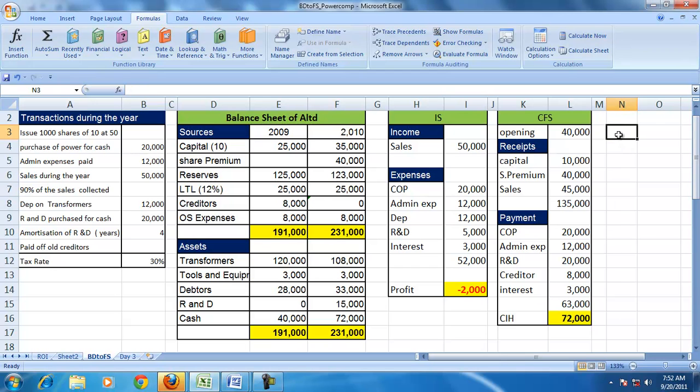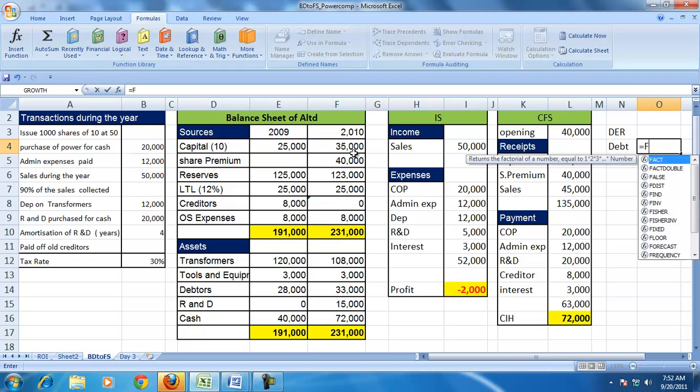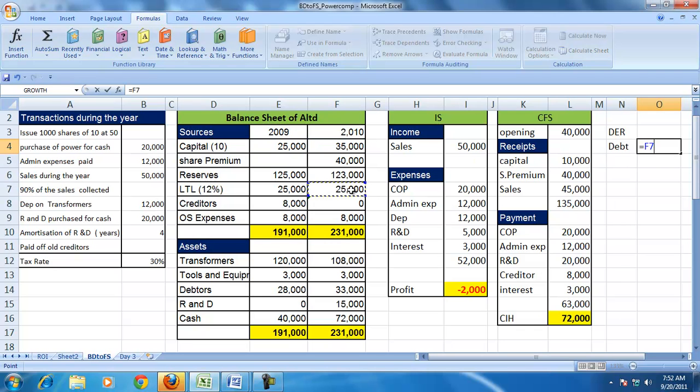Now if you see the debt equity ratio of this company, the debt is a long-term debt. At the end of 2010, the debt of the company is 25,000 and equity is 35 plus 40 plus 123.